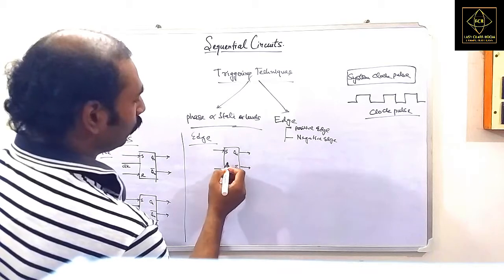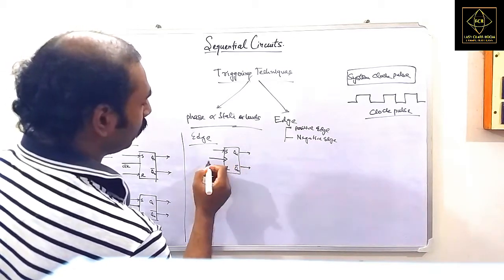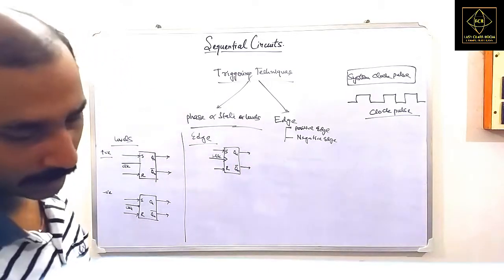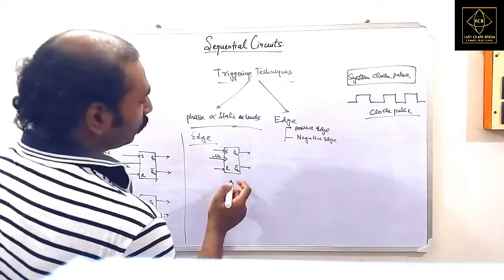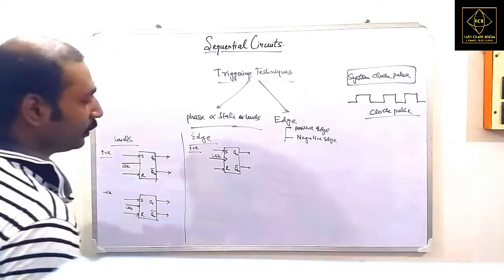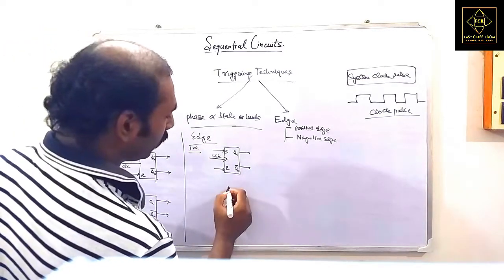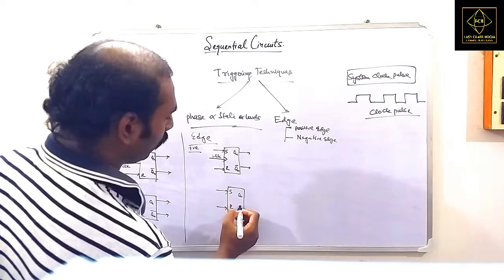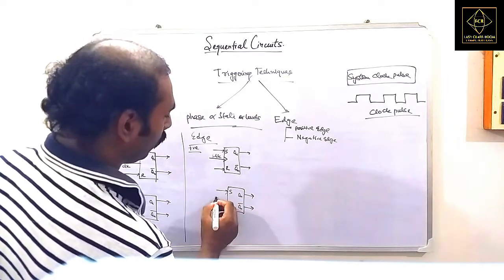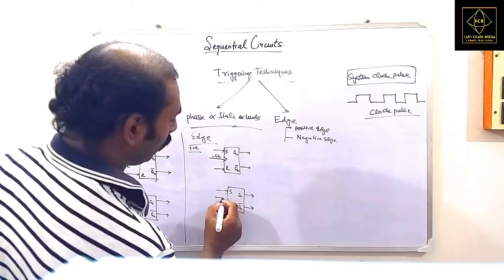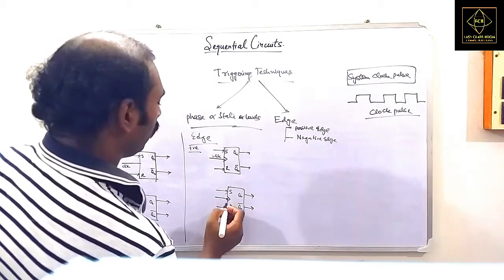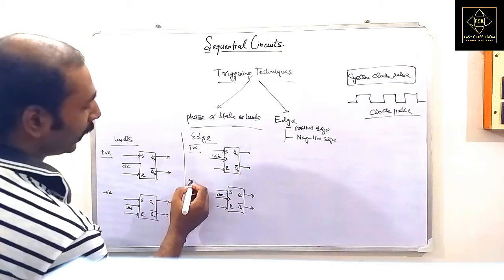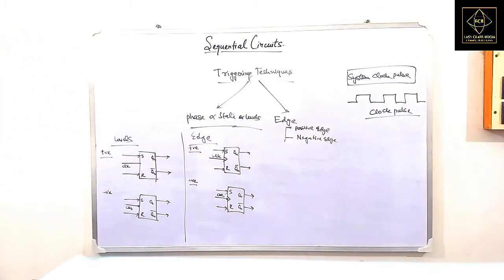Now if we design like this, we can say this is positive edge triggered, and if we design like this, then we can say this is a negative edge triggered circuit.